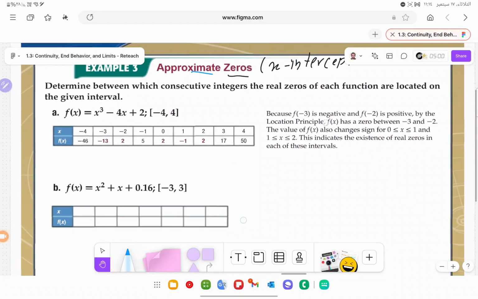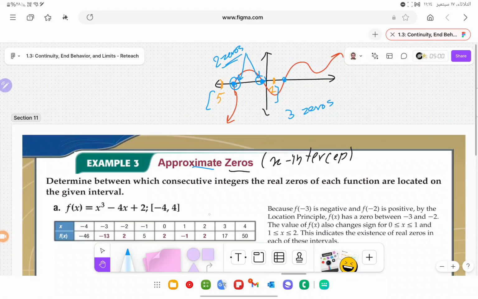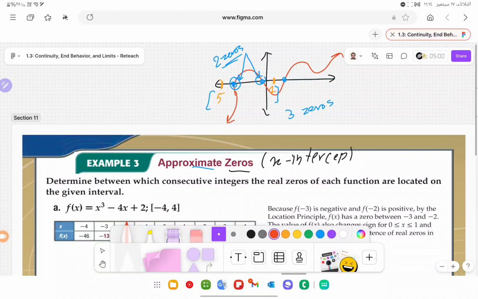Now let's look at the first example. How do I differentiate whether there is a 0 between two values or not? Look at the y-axis. If I have, for example, this line here, this point here is a 0, right? Now what is the number before the 0?